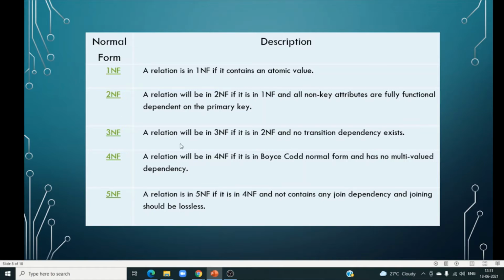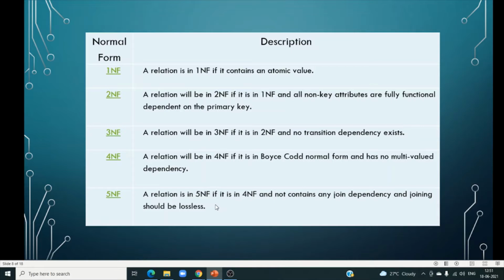And in the third normal form, the table must be in second normal form and have no transitive dependency. Transitive dependency means the dependency exists between two non-key attributes. And as for the fourth normal form, the table must be in Boyce-Codd normal form, that is BCNF, and have no multi-valued dependencies.